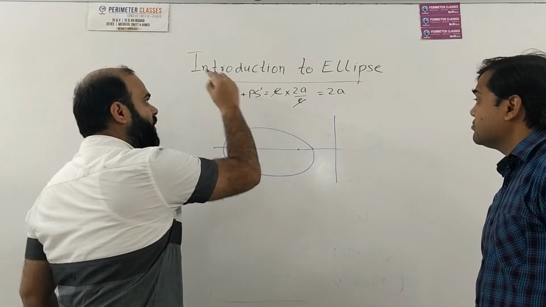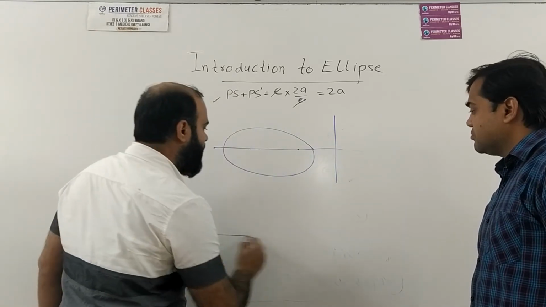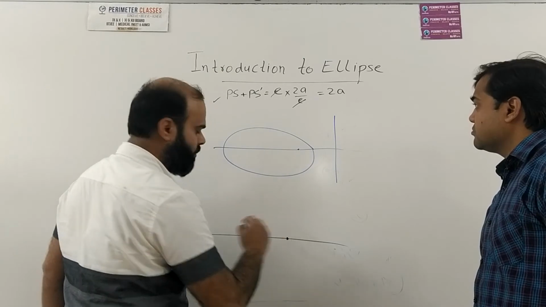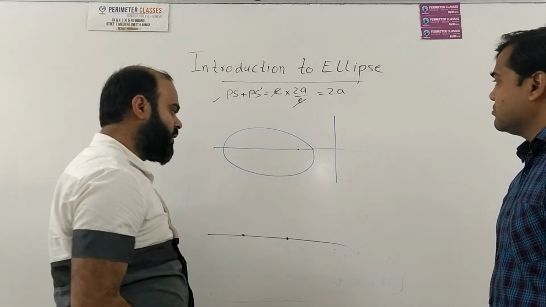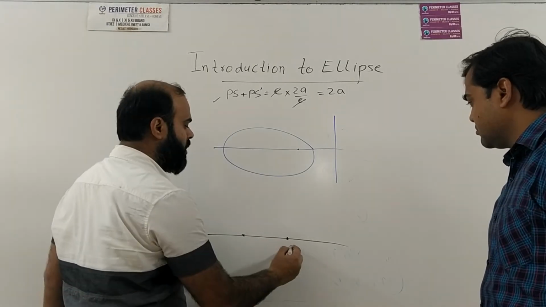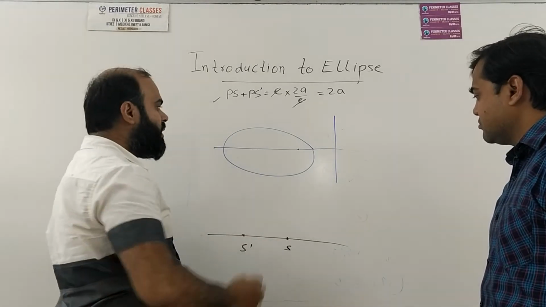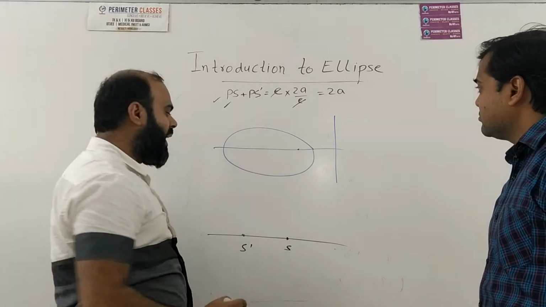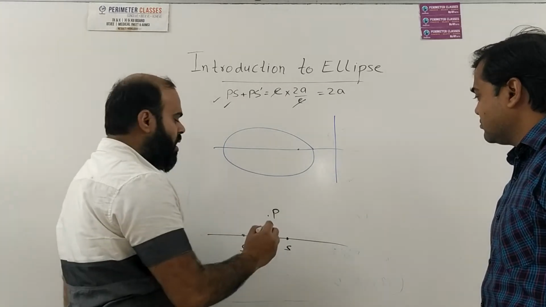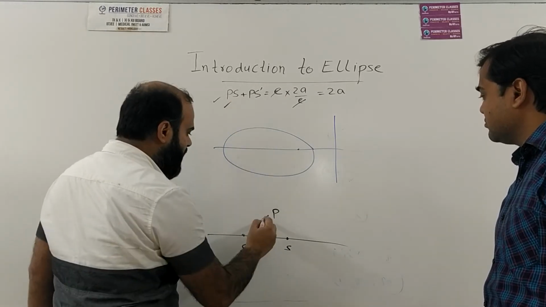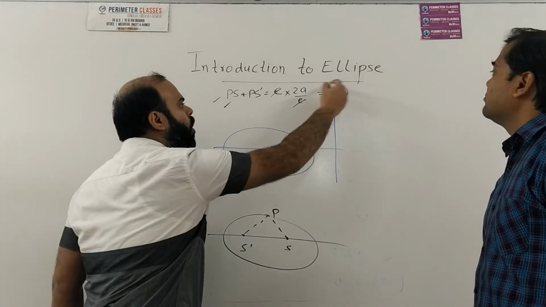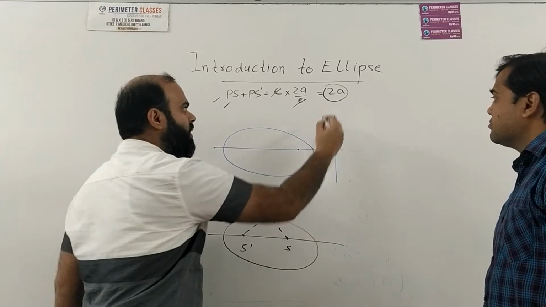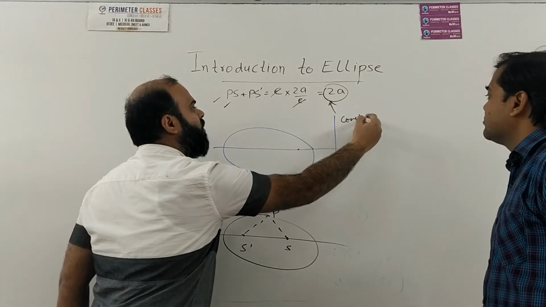But there is another definition also, which says if we have two points, we are not taking a point and a line, we are taking two fixed points, which are called foci, S and S'. Then the locus of a point such that the sum of the distances from the two foci is always a constant value.